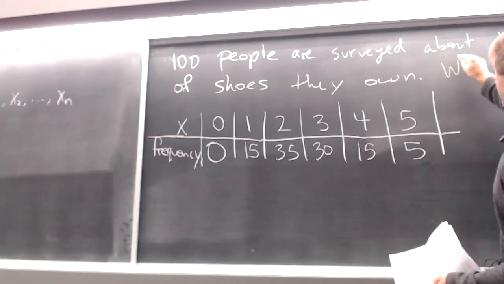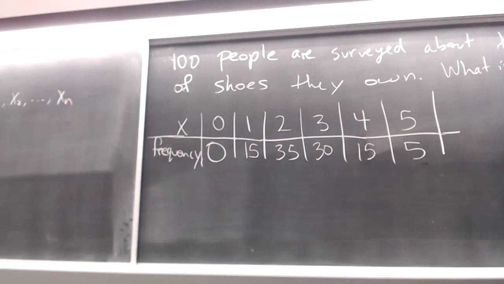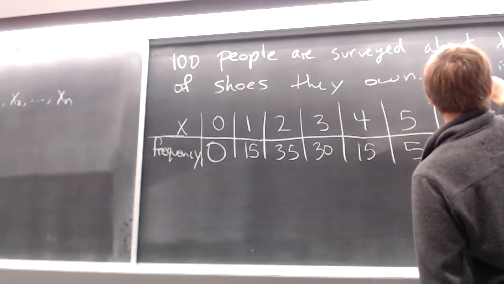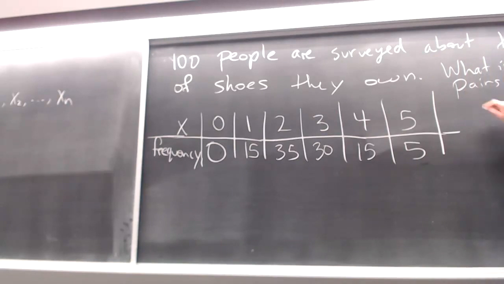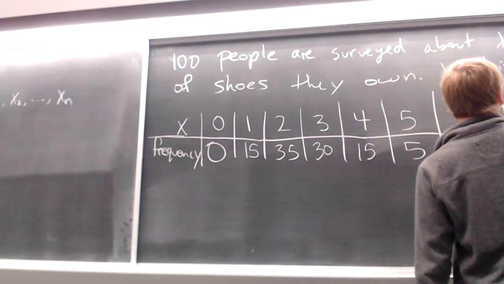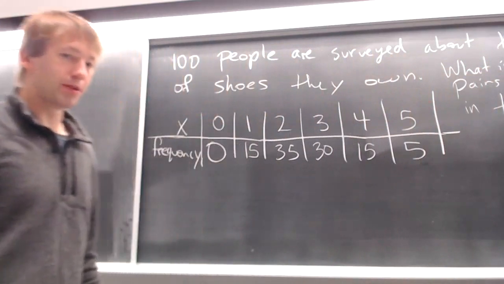So then the question is, what is the average number of pairs of shoes among the people in this sample? So in other words, among these 100 people.